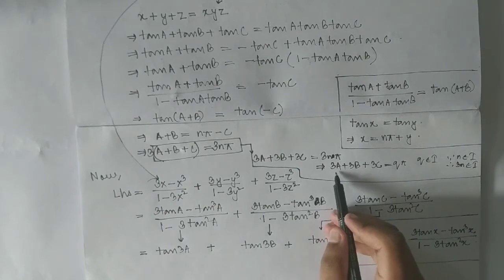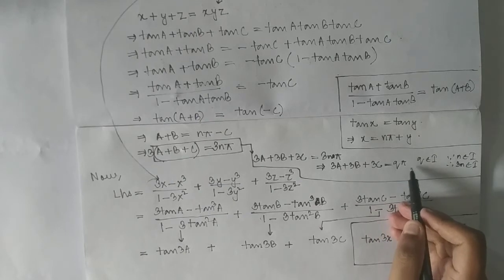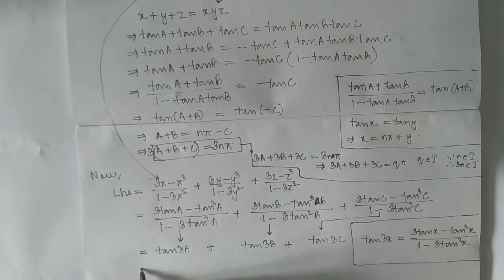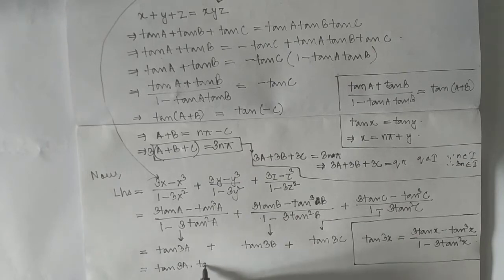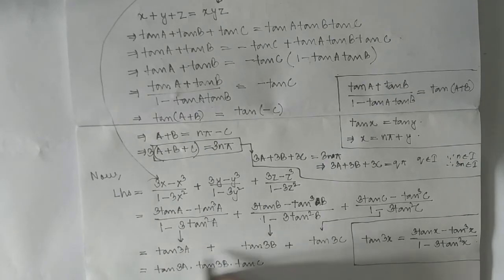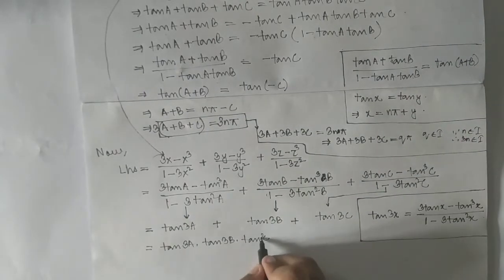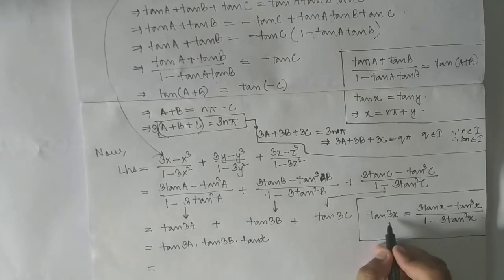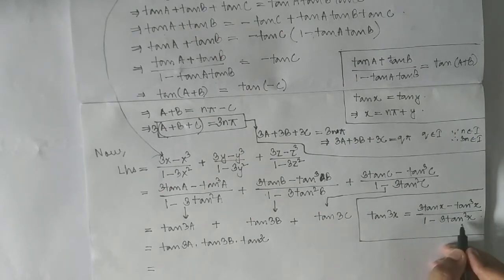So in the case when 3A plus 3B plus 3C is equal to q pi, where q belongs to integers, which is similar to the equation which I derived earlier, I can write tan of 3A plus tan of 3B plus tan of 3C is equal to tan of 3A into tan of 3B into tan of 3C. This will be equal to, now I know tan of 3x is equal to (3 tan x minus tan cube x) divided by (1 minus 3 tan square x).